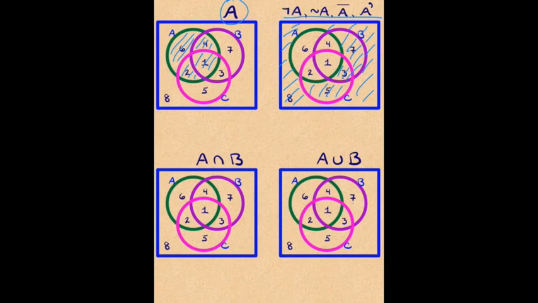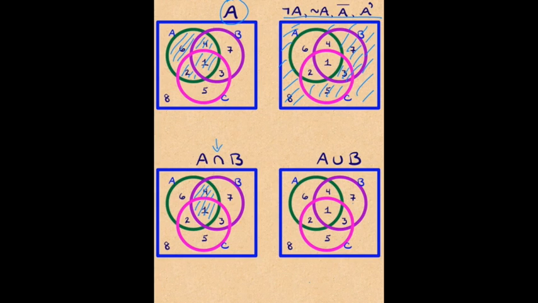In the bottom left, we have this symbol here, which you could say as A and B. It represents the intersect of A and B. So the intersect would be area 4 and area 1.